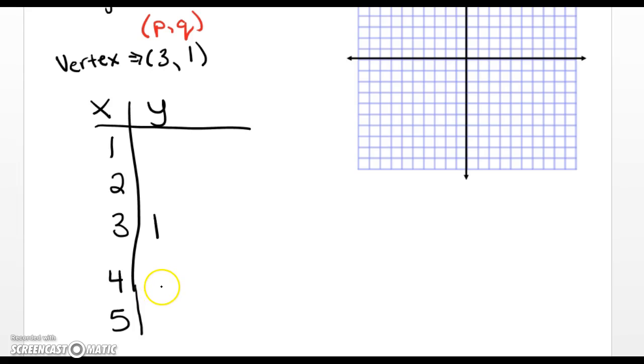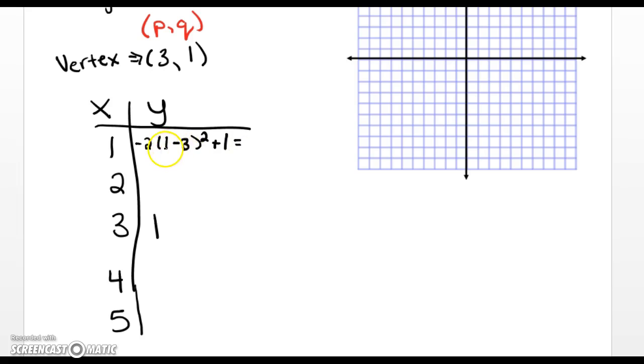Then I'm going to find my y values. So every time I see x, I'm going to put in these different x values and then find out my y. So every time I see x, I'm going to put in 1 instead here. So my equation was -2 times (x, so 1 minus 3) squared plus 1.